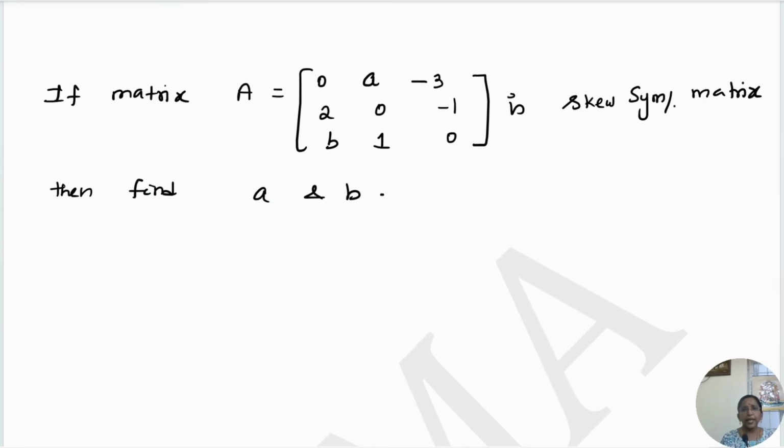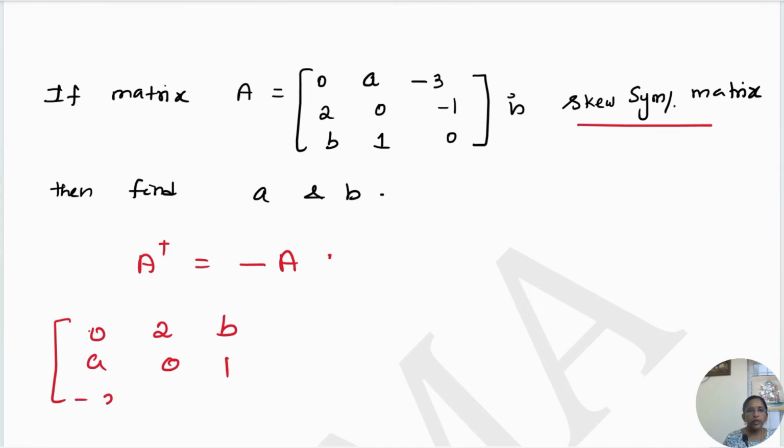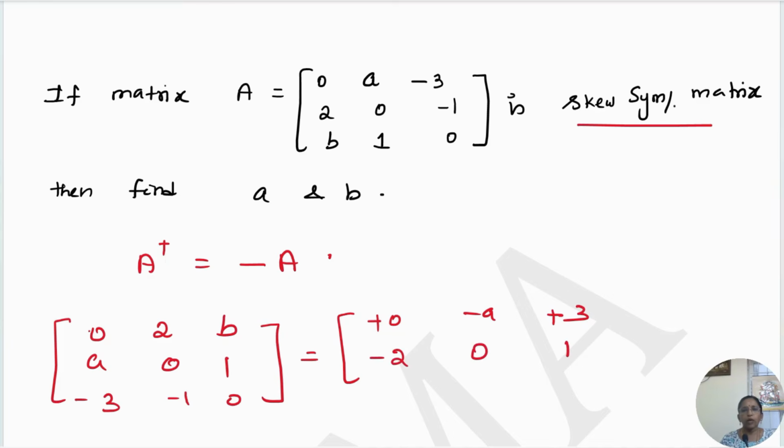For the given matrix, A is a skew symmetric matrix. It is given. Find the value of A and B. The condition for skew symmetric matrix is A transpose is equal to negative A. So you can write your value A transpose: 0, 2, B and A, 0, 1, minus 3, minus 1, 0, and the negative of A. So minus 0 but plus 0 doesn't matter, 0 you can write it, and minus A, plus 3, minus 2, 0, 1, minus B, minus 1, 0.